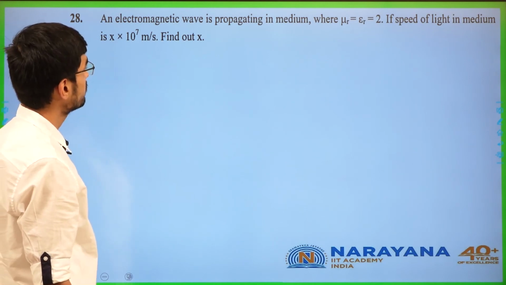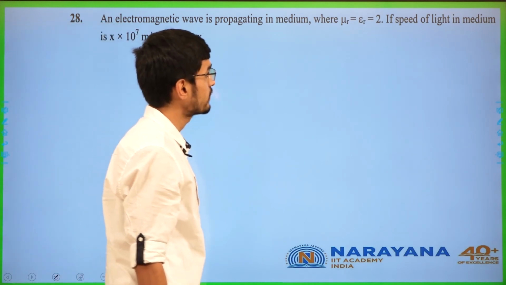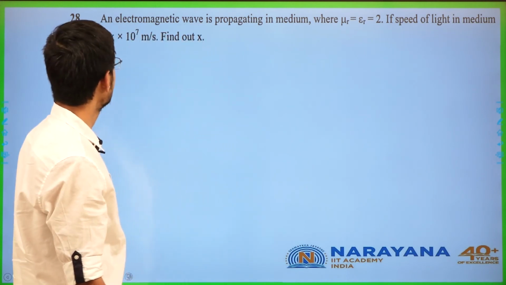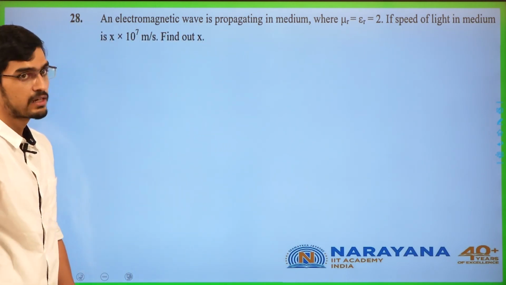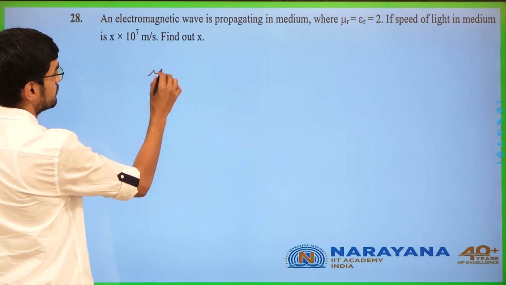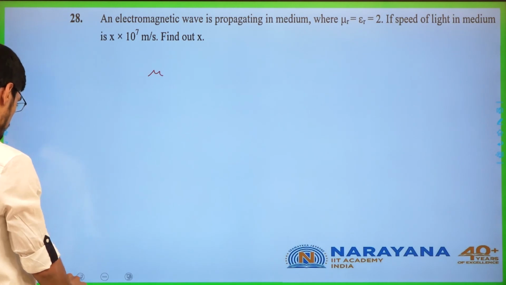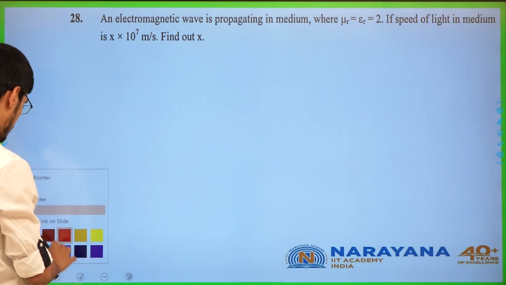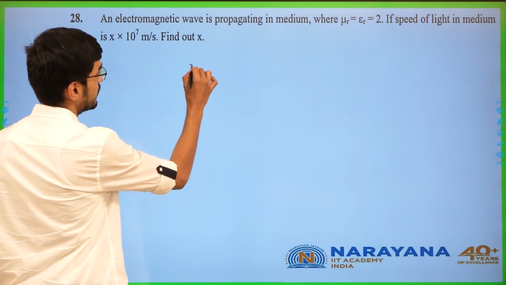Next. An electromagnetic wave is propagating in a medium where mu r and epsilon r both are 2. If the speed of light in the medium is x into 10 power 7 meters per second, we have to find x. We can first find the refractive index. Since mu is being used for permeability, let us call the refractive index n.